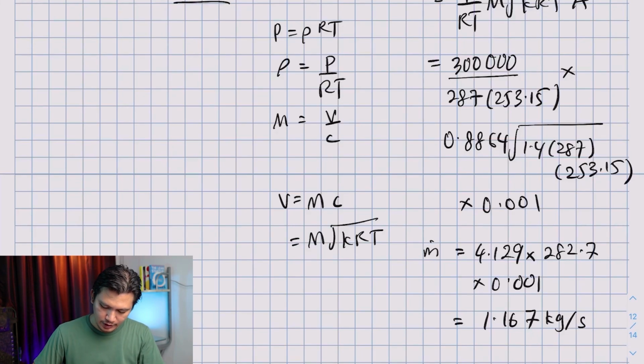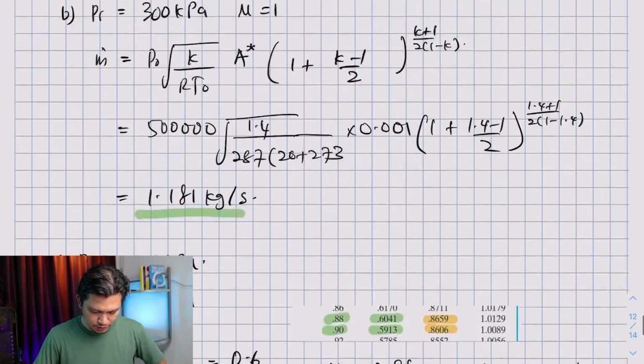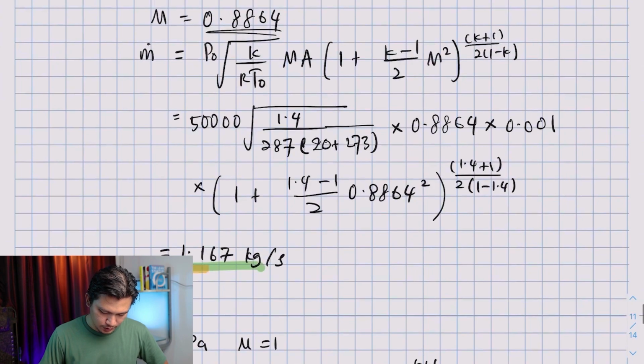Let's compare this with our mass flow rate using the equation. This is 1.167 kilograms per second as well.